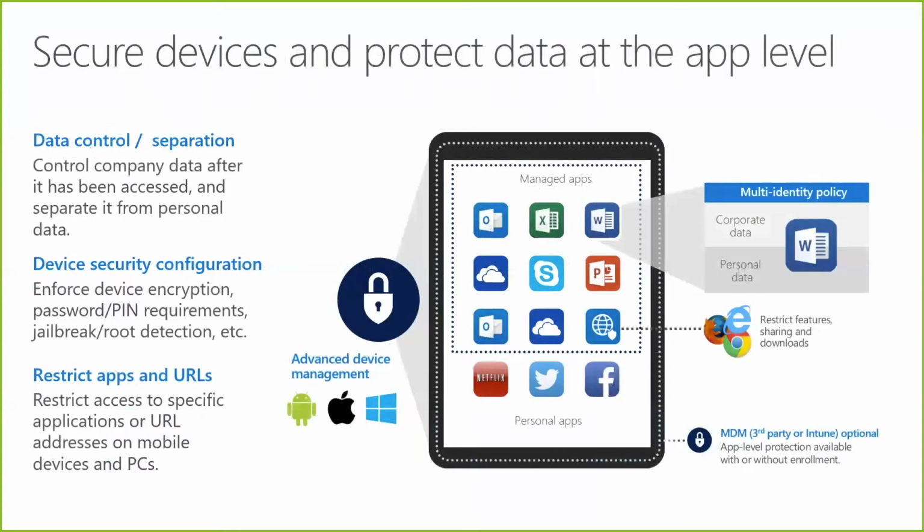So let's see some examples of what you can do based on protected data, in this example a combination of Microsoft Azure Active Directory and Intune to manage sensitive data, or data you want to keep secure on devices.